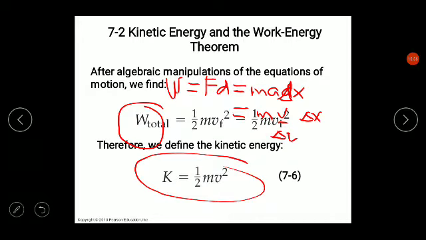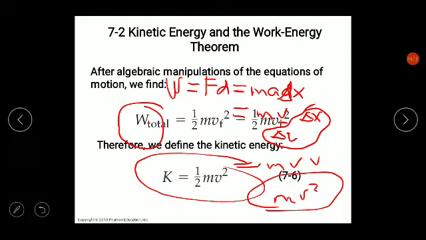So dx over dt, we can define that one as mv, then another v here, dx over delta t is v, so that is why you have mv squared. So this is basically the derivation using algebra.